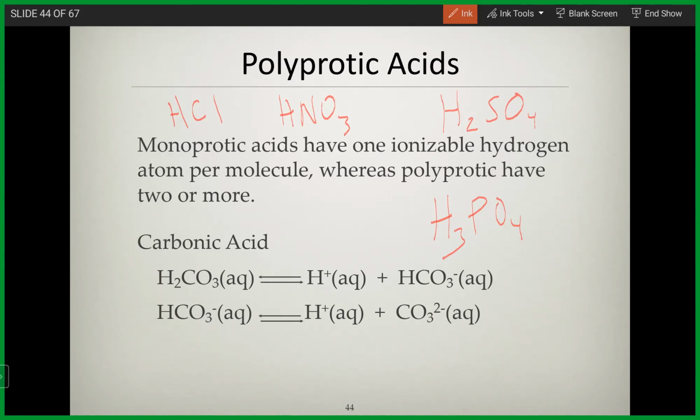And with each of these, we're going to have a different dissociation constant. So if we had the values for these, we might call the first one Ka1, because it's the acid dissociation constant, but it's going to be for that first dissociation. And then the second one would just be Ka2. Phosphoric acid, H3PO4, would have Ka3 as well.